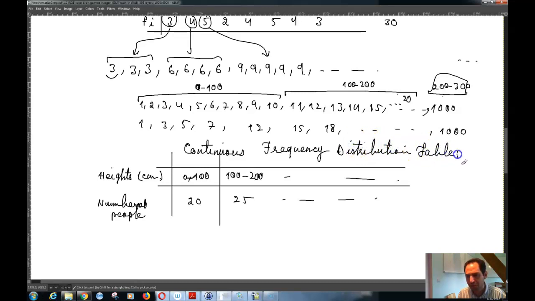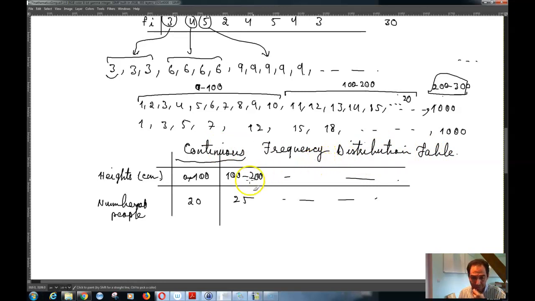The word continuous is referring to the fact that these are called classes, and these classes are continuous, joined together, meaning that there is no gap between the classes. You go from 0 to 100, and then 100 to 200, 200 to 300, and so on and so forth. So it's called the continuous frequency distribution table.